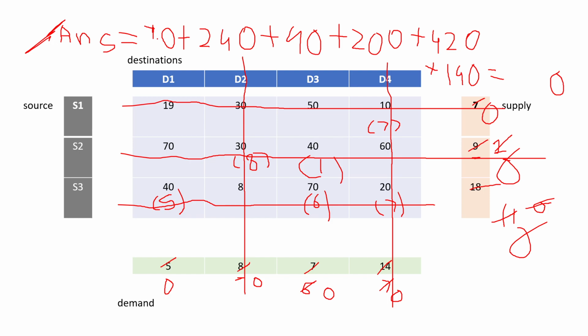Then 7 plus 4, 11 plus 4, 15 plus 2, 17 plus 4, 21. Then 2 plus 2, 4 plus 4, 8, 9 and 2, 11. So 1110 is our final answer.